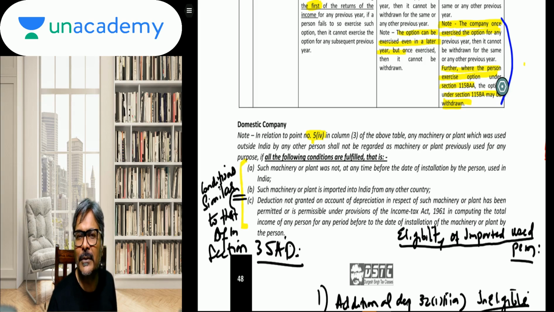So therefore, no additional depreciation is available if you are acquiring an old plant and machinery, whether imported or domestic, doesn't matter.